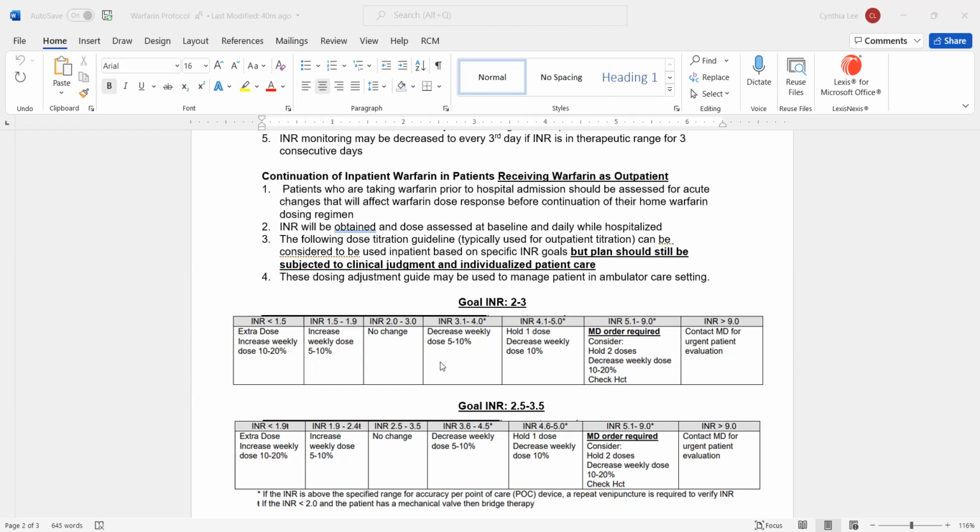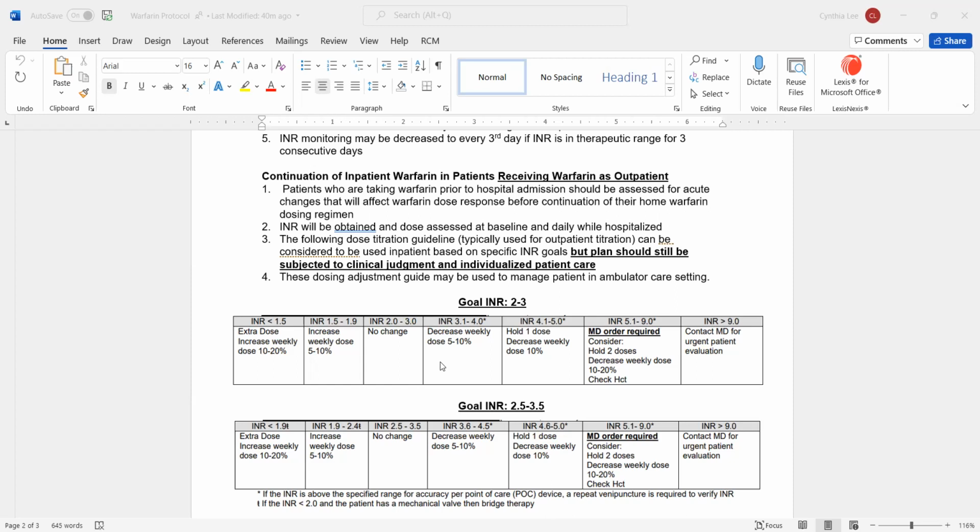So instead of dividing 32.5 by 7, that gives you about 4.6 milligrams. That's not a convenient dose, right? So you can still prescribe the patient 5 milligrams, and then just have them take 5 milligrams 6 days out of the week, and then decrease one of the days by 2.5 milligrams.